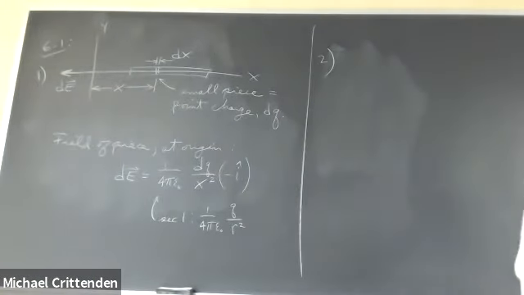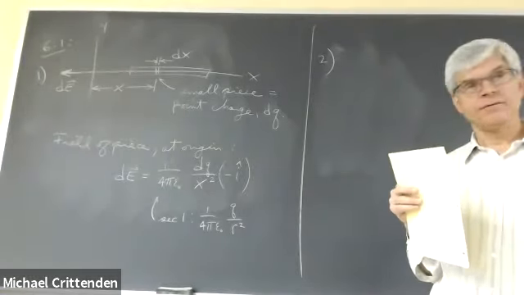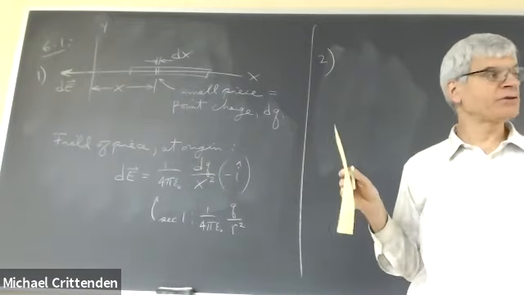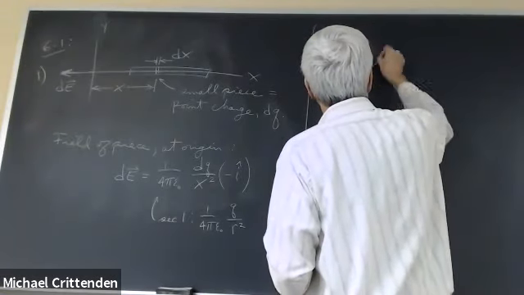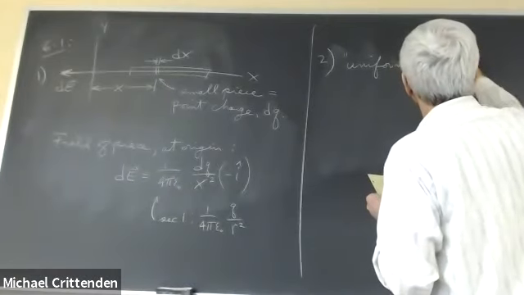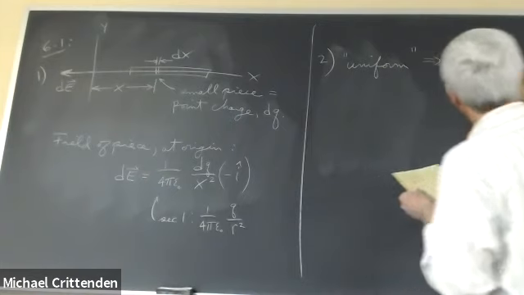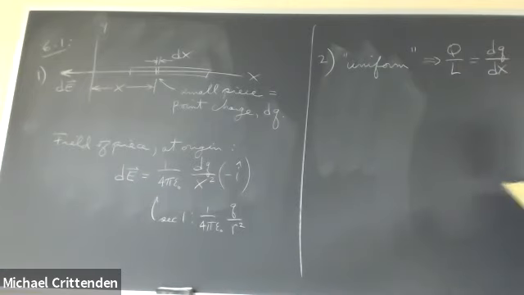The question says it's uniformly charged. There it is, uniformly charged. That means the charge per unit length for any part of the rod is the same as the charge per unit length for the entire rod. Capital Q, what I mean by that is the charge of the entire rod.